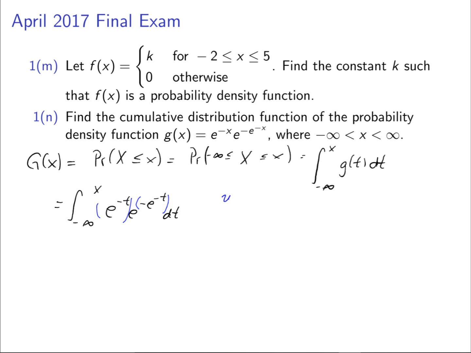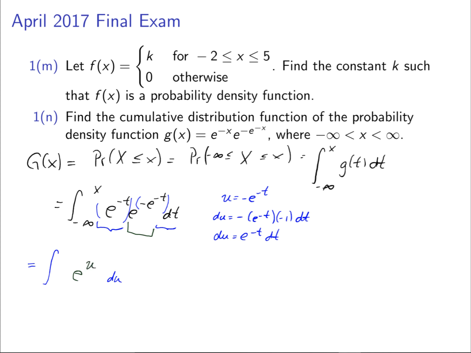So let's let u be minus e to the minus t. Then du is negative e to the minus t times the derivative of minus t. So du is e to the minus t dt. So e to the minus t dt, that becomes du, and e to the minus e to the minus t, that's just e to the u.